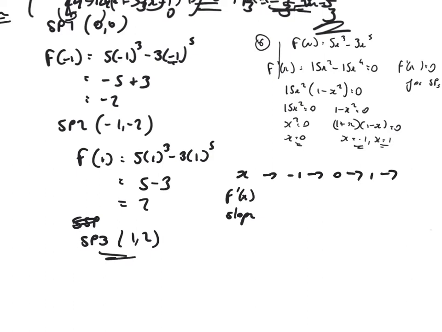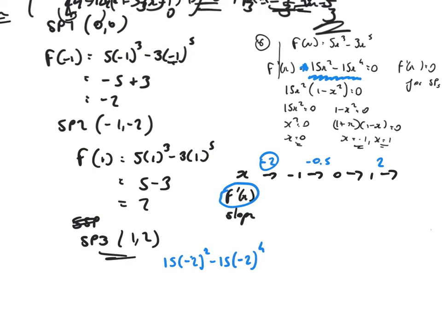Okay, so neighbouring values could be minus 2, minus 0.5, and 2. I'm investigating the gradient, so that would be investigating the differentiated function, which is up here. Okay, so let's first of all try what's happening at minus 2 for the gradient function. So 15 lots of minus 2 squared minus 15 lots of minus 2 to the power 4.